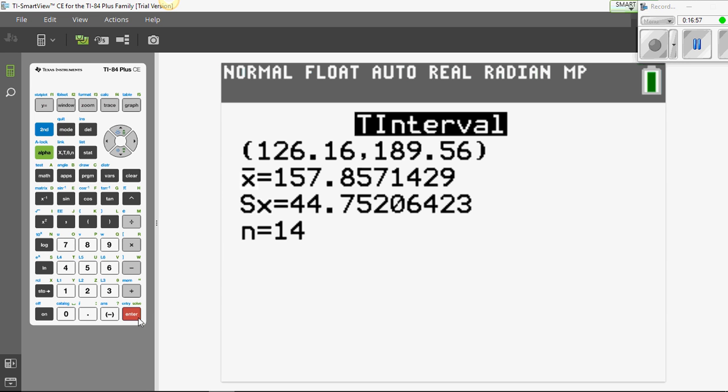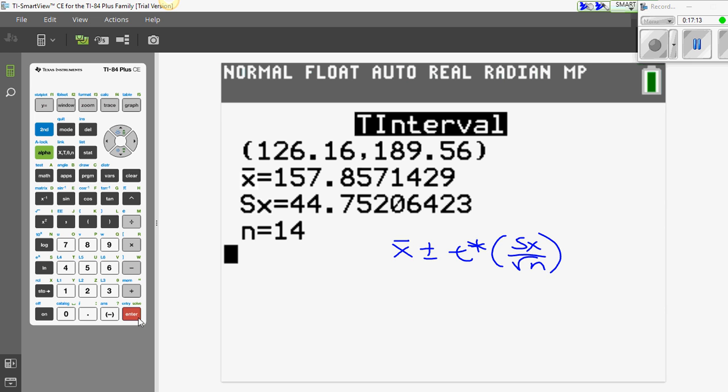All right, so what's x bar? 157.85. Go ahead and write that in your little formula, because isn't that the first thing? It's x bar. So literally what I'm asking you to do is x bar plus or minus t star times s of x over the square root of n. I want you to write 157.86 there, plus or minus.